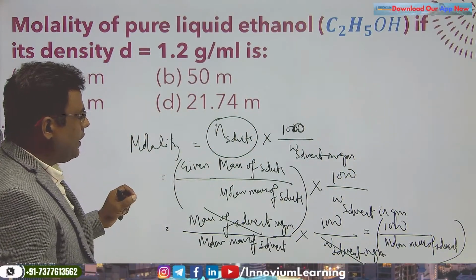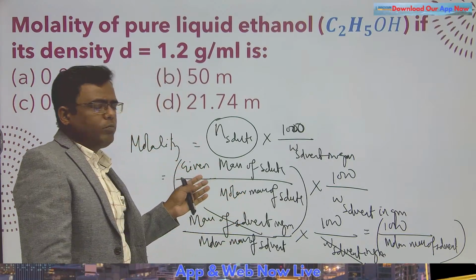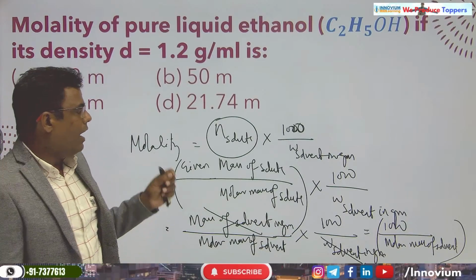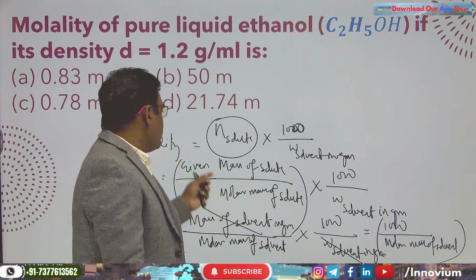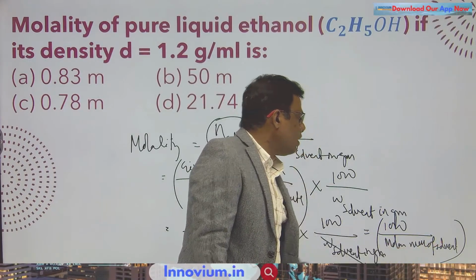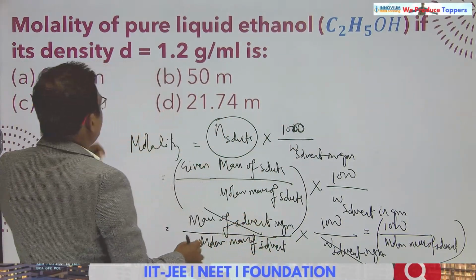So whenever you find a pure liquid is given, in that case solvent and solute both mean the same substance, and in that case the molality expression is reduced to this form, that is 1000 by molar mass of solvent. So now you apply this formula directly here to solve this question.